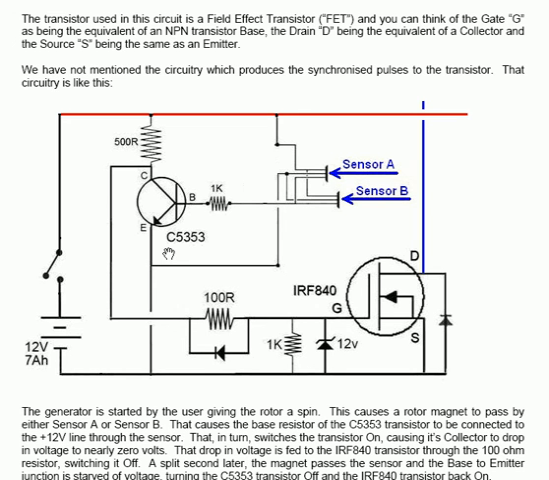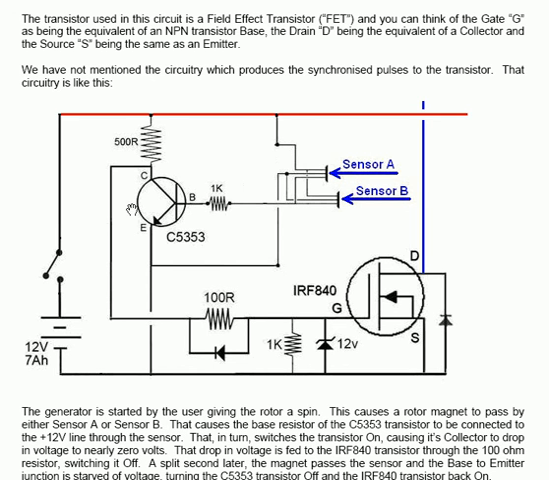When the transistor switches on, the voltage on the collector drops very low, and it's connected through this 100 ohm resistor to the gate of the main switching transistor. That effectively turns this transistor off. The IRF 840 turns off when the C5353 turns on.